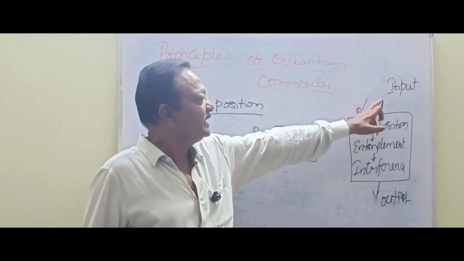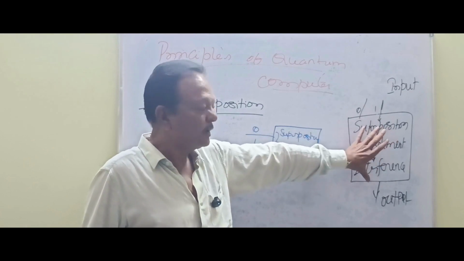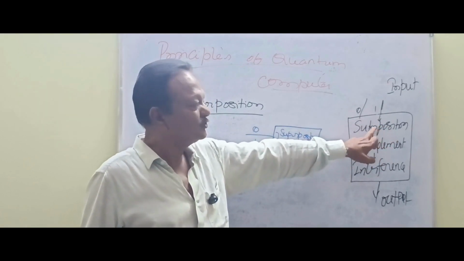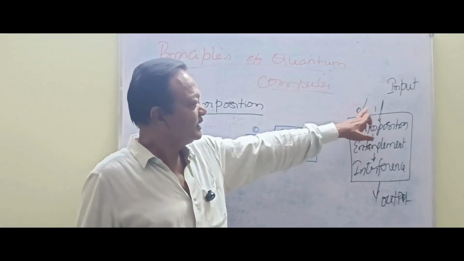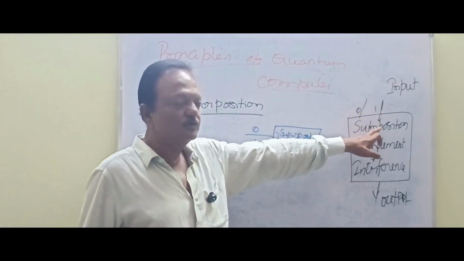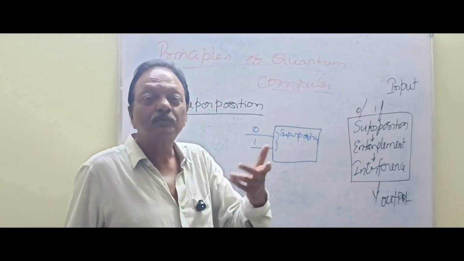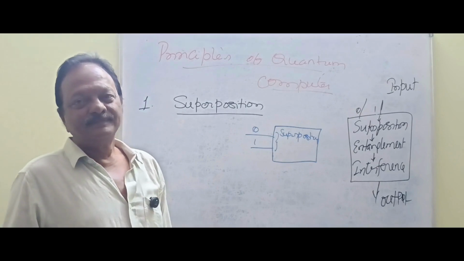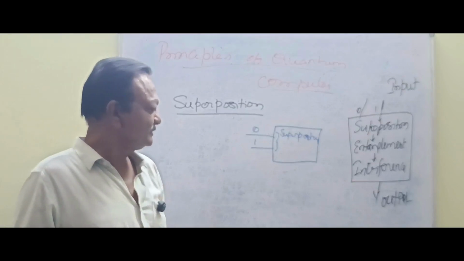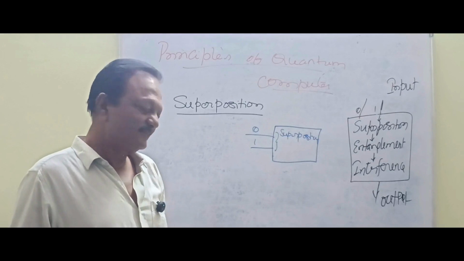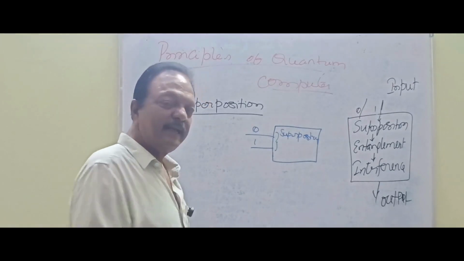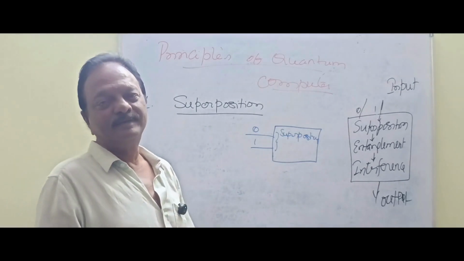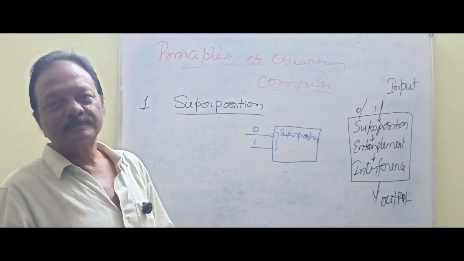They go inside the quantum computer. What is the first one? Superposition. So the 0 and 1 values first go to the superposition. Both values have to go at a time inside the superposition.